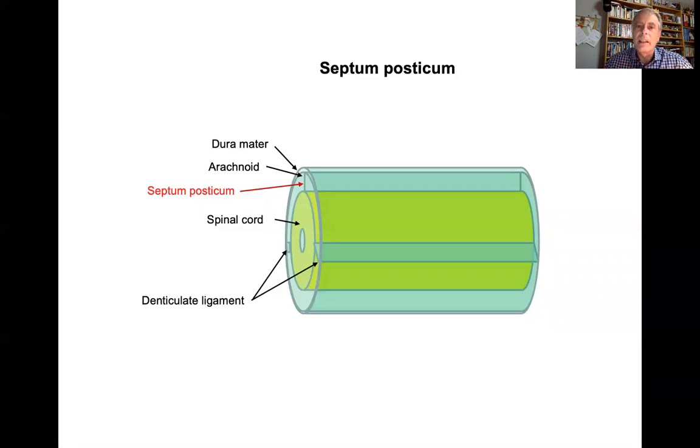Another concept is the septum posticum. What is that? Look, in this drawing, what I have drawn is the spinal cord, okay, that is surrounded by the arachnoid and by the dura mater, okay. We know that there is the tentacle-like ligament that runs between the pia mater and the dura mater.